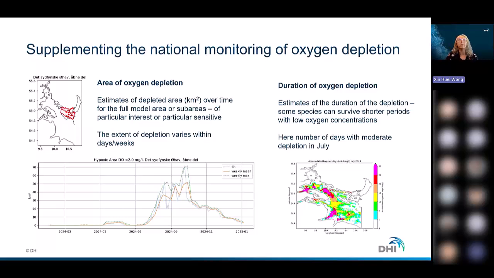Another measure that we have been suggesting to the authorities is a measure of how big an area is affected by the oxygen depletion. The areal estimate could be given for the whole area or a sub-area. Here an example is given where we are looking at the extent of oxygen depletion in the archipelago over time.